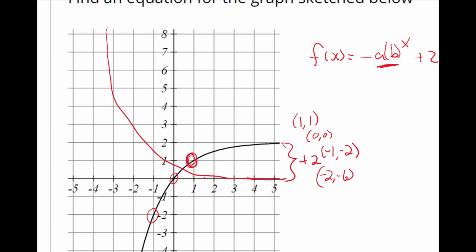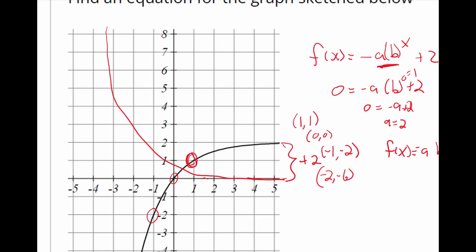If I put 0, 0 in there, 0 would be y equals negative a times b to the 0 plus 2. And b to the 0 is just 1. So 0 equals negative a plus 2, or a equals 2. So we know f of x equals a times b to the x plus 2, or the negative's still there, by the way.